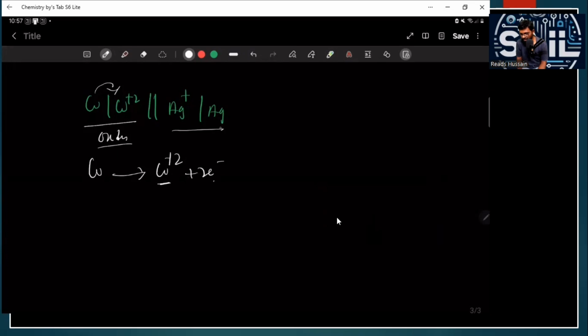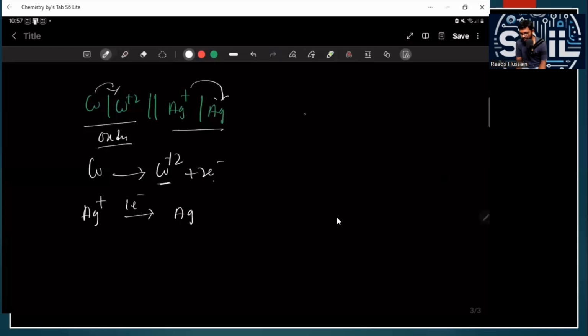What about this one? Ag plus becomes Ag. How can it be possible? Ag plus becomes Ag means it has to gain an electron, no? Ag plus gains 1 electron and becomes Ag.